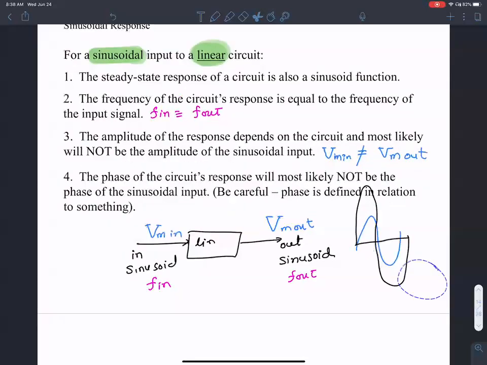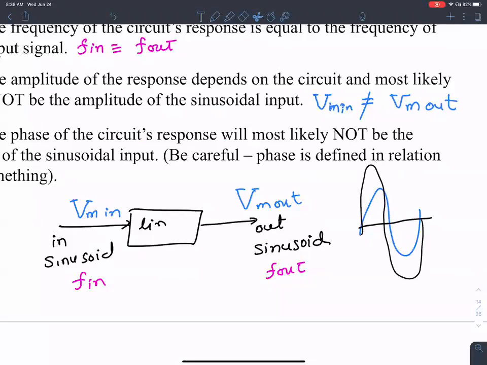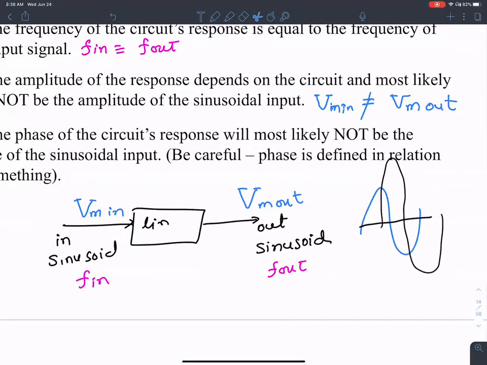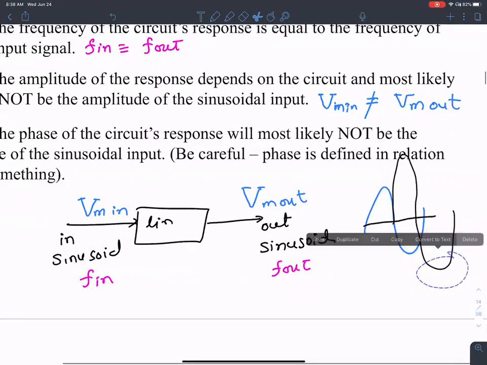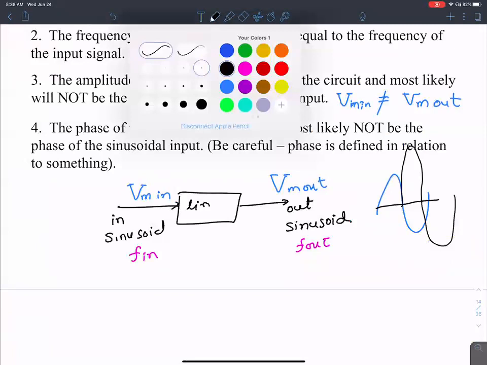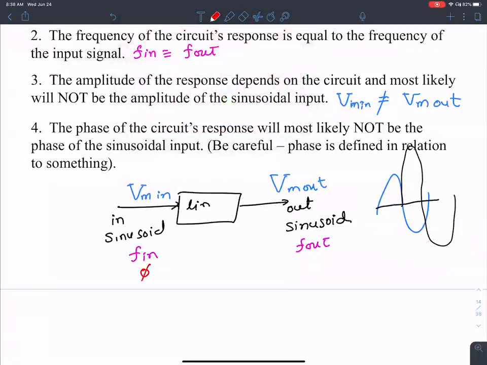Therefore, the frequency is still the same, but the output may be shifted in time. So the phase may be different. If you were to look at the phase of the input and the phase of the output, there's no necessity that the phase of the input will be the same as the phase of the output.